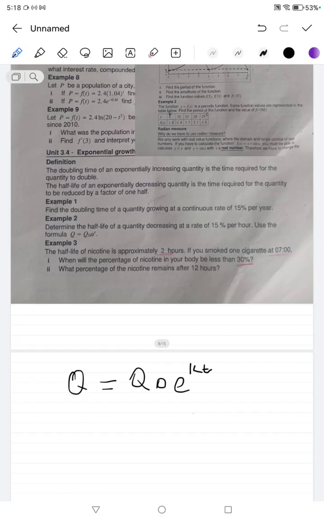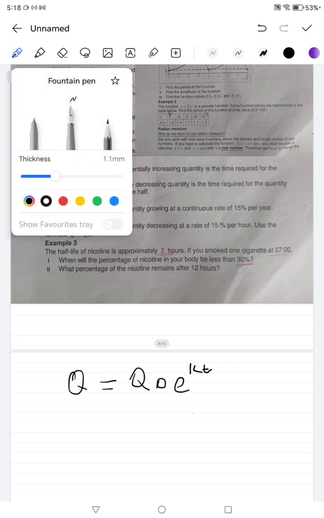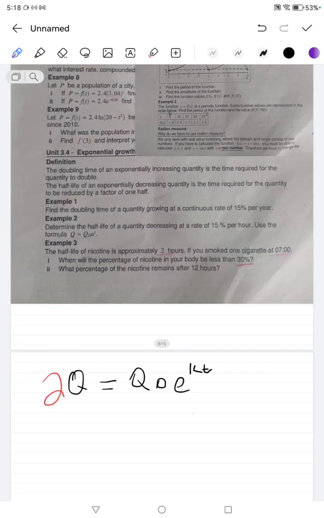They're talking about the doubling of our quantity, which is this one. Then we have our Q0 this side, which would be our initial. So the doubling time of an exponentially increasing quantity is the time required for the quantity to double.